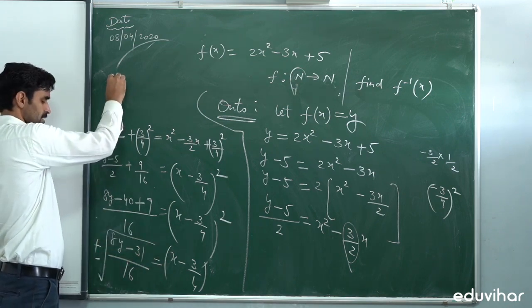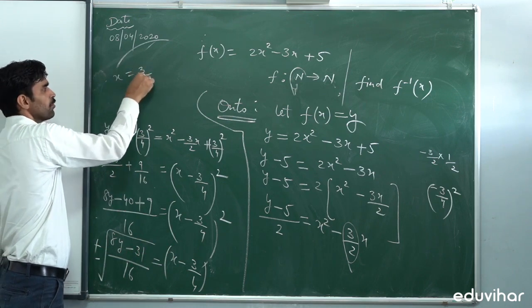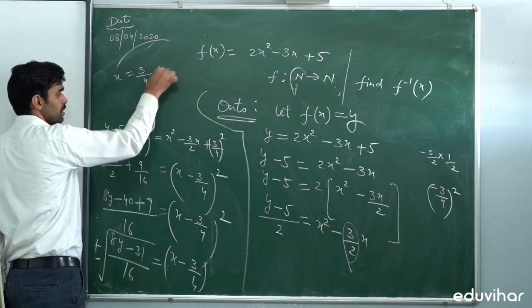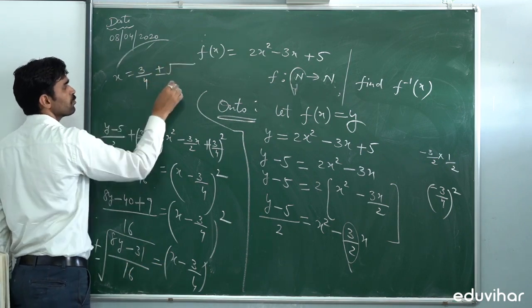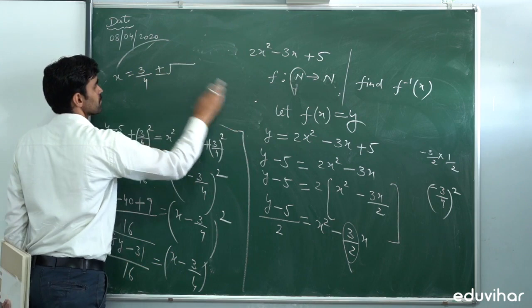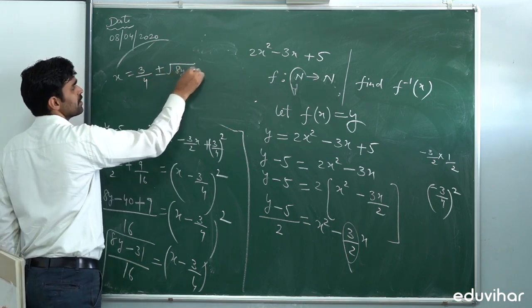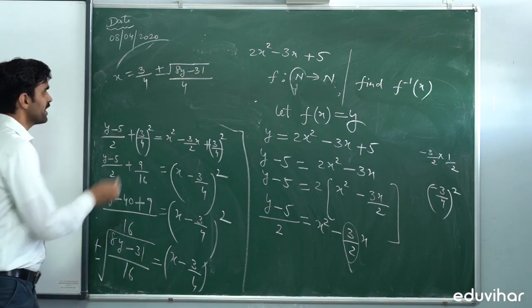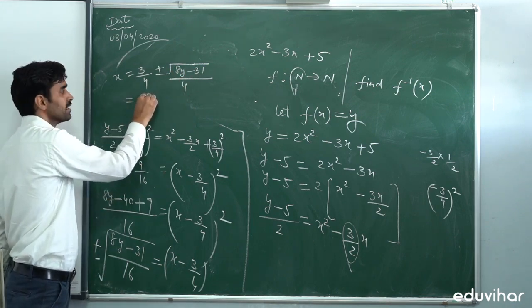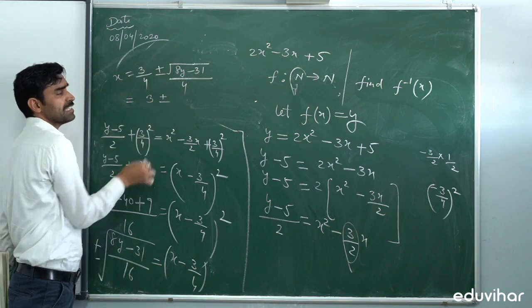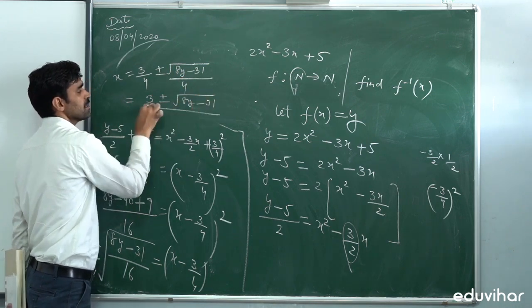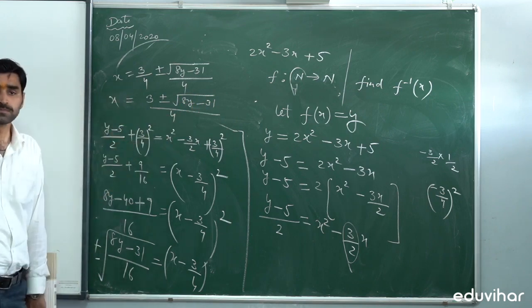And the result in the form of x equal to 3 upon 4 plus minus root of (8y minus 31) upon 4. Then we can say it can be written as x equal to (3 plus minus square root of 8y minus 31) upon 4.